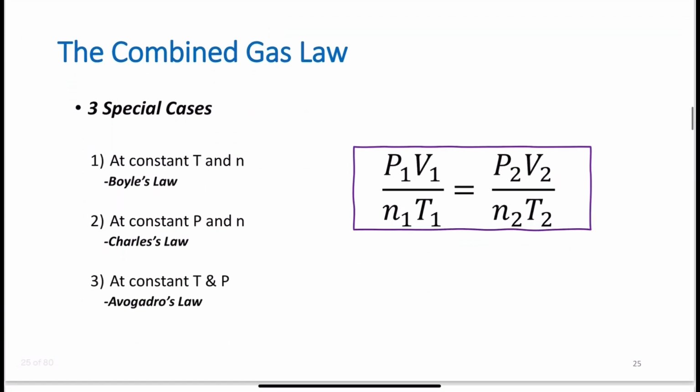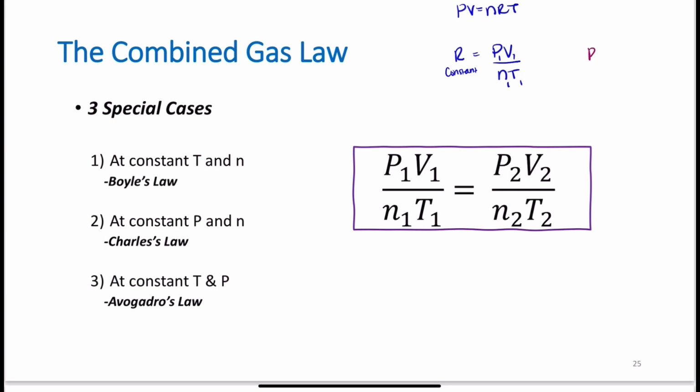We also have the combined gas law. So combined gas law, P1V1 over n1T1 equals P2V2 over n2T2. You can memorize the equation, or you can derive it very quickly. Basically, if I rearrange PV equals nRT and solve for R, I know R is equal to PV over nT. Let's say I'm under one specific set of conditions, P1V1 over n1T1, but R is a constant.